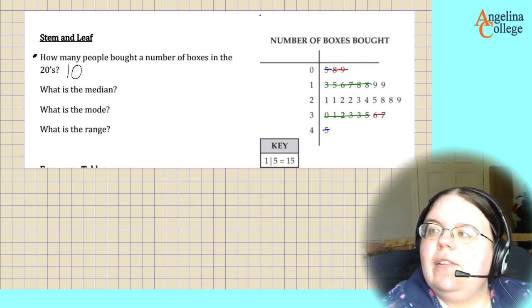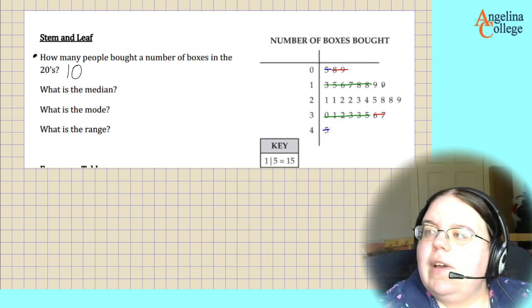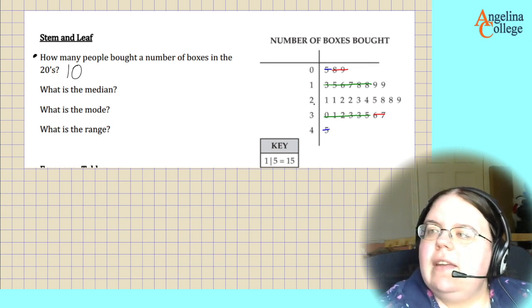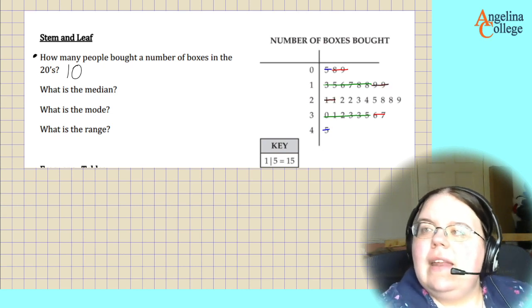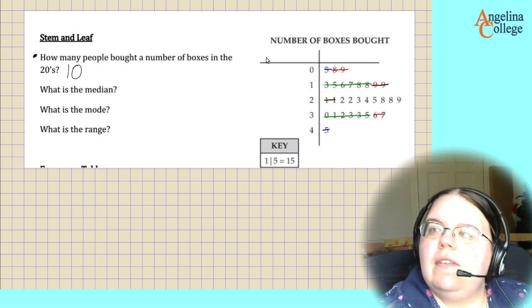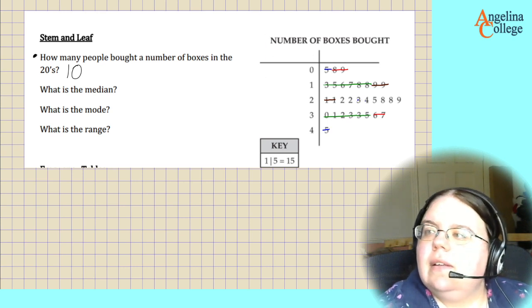Now I need to switch colors again. So I see we've got a 19 and another 19. We've also got a 21 and another 21. So we can get rid of those together. And now we're getting pretty close to the end of this problem. So let's see, I know we can get rid of those two 22s and this 29 and this 28.